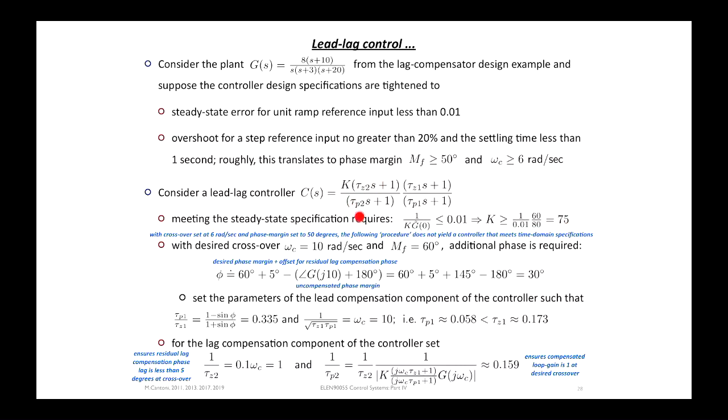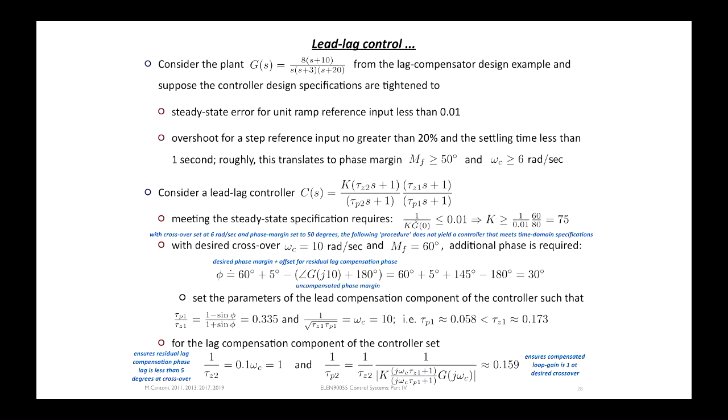We want to make sure that the lag compensator is not going to interfere too much with what's happening at crossover, and certainly not interfere more than 5 degrees, which we've accounted for in this calculation here, and that will be the case if we choose the location of the zero of the lag compensator to be a decade below the crossover frequency. That'll make sure that the phase lag introduced by this part of the controller is less than the 5 degrees that we've accounted for here, all right?